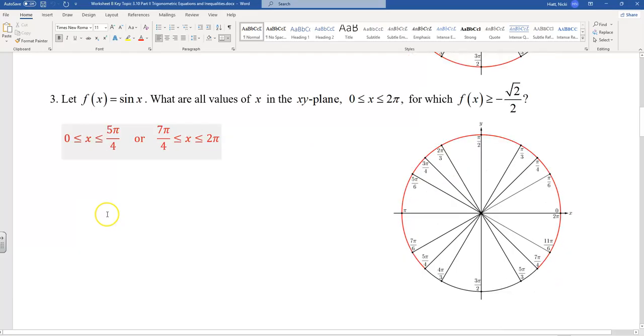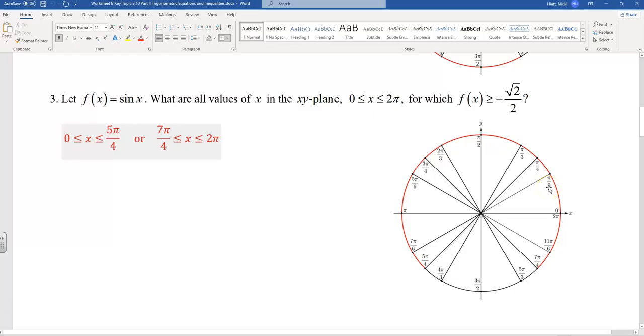And then for 3, you're going to get 0 to 5 pi over 4 and 7 pi over 4 to 2 pi. Although it's one big continuous piece right here, you always have to start at 0 when you're giving that answer. Because if I go from 7 pi over 4 to 5 pi over 4, that's actually going backwards, right? And our intervals can't go that way.